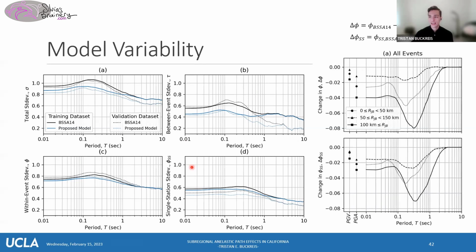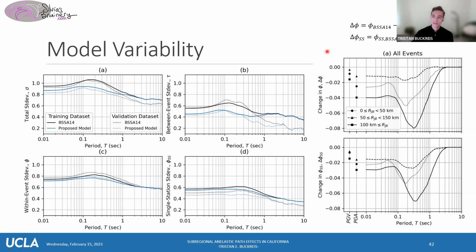I also want to mention that even if this reduction doesn't look impressive, it actually is impressive because the reduction occurs at far distance observations, which would be the solid line, observations greater than 100 kilometers. We can see reductions up to negative 0.08 in log space for the phi and phi SS terms.